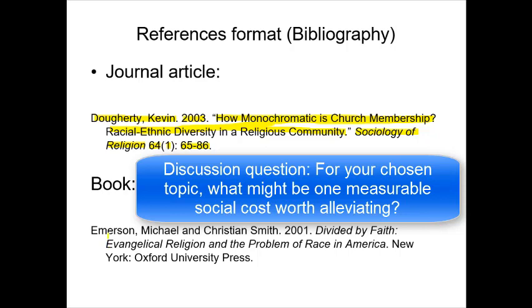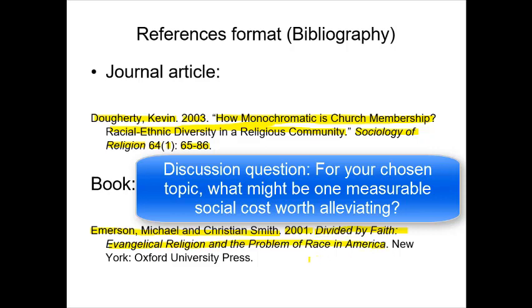If you're using a book as your reference, the format is very similar. You've got your authors, your lead author, last name first, followed by a period, and then the date it was published, period, and then in italics, the title of the book, because that's what's being published.